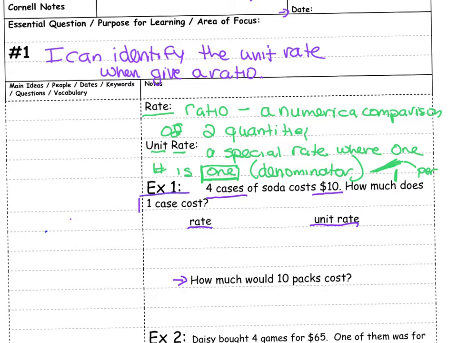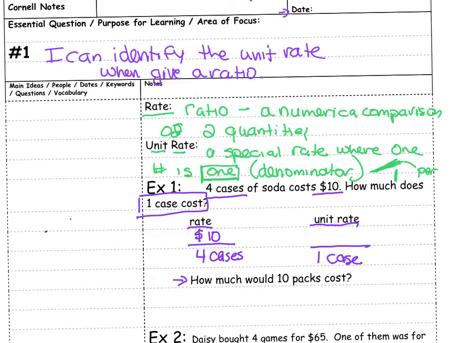How much does 1 case cost? So because I want that 1 in the bottom, and I generally do this where I always write my money on the top. So it's $10 per 4 cases. And the unit rate is going to be per 1 case.